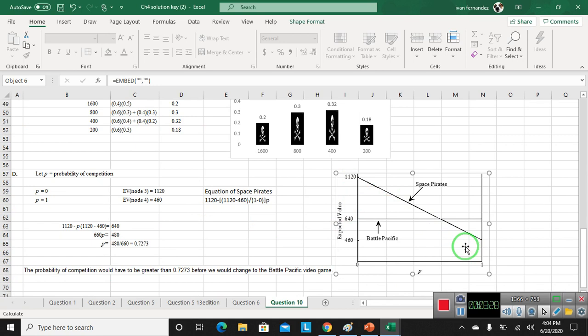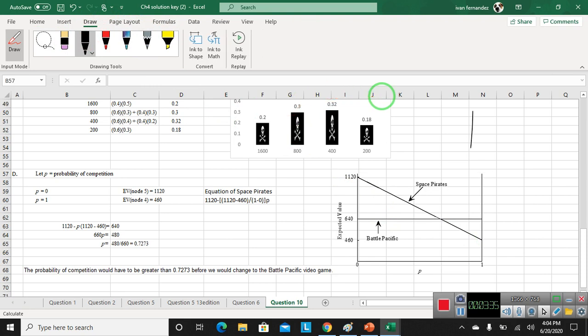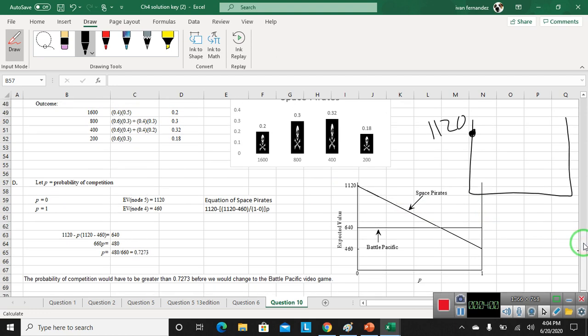So if I'm drawing my chart here, the first point will be there, 1,120, and this point down here is 460. Where did I get that point? That's the expected value of Space Pirates with perfect competition, with all the competition possible, which is 100%.